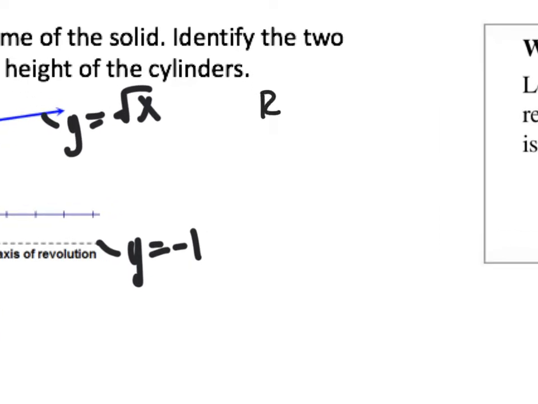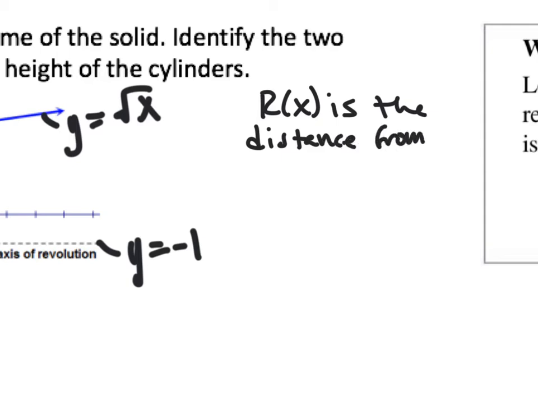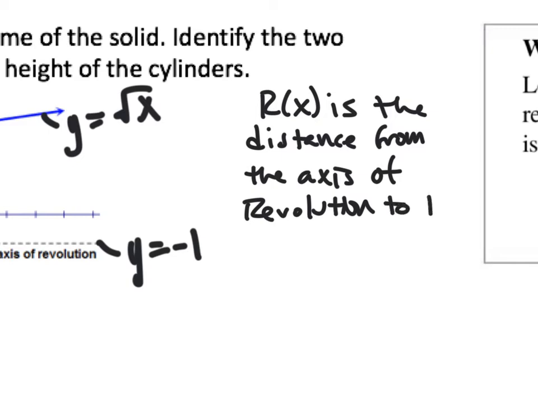Big R of x is the distance from the axis of revolution to the furthest function. Depending on where the axis of revolution is, that's how we determine big R of x.